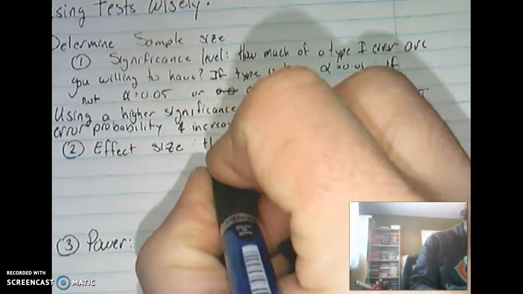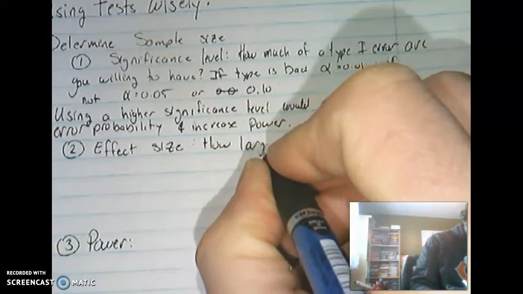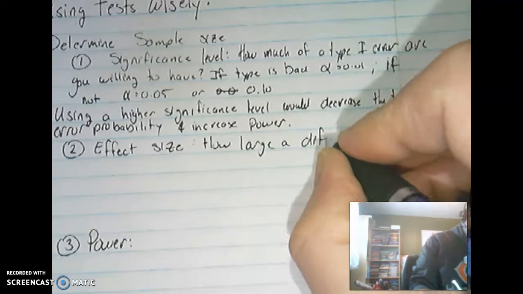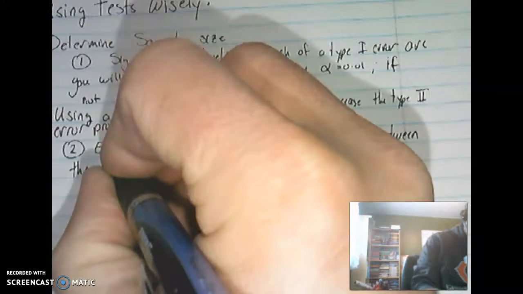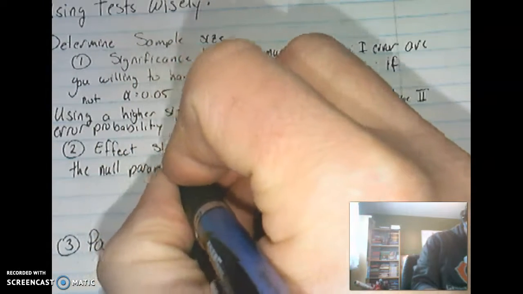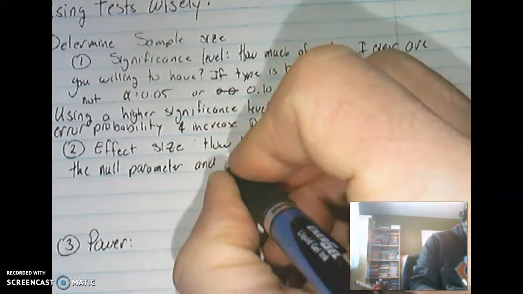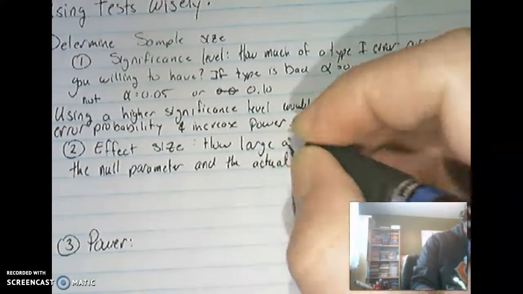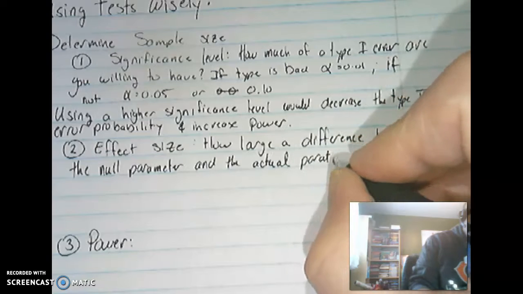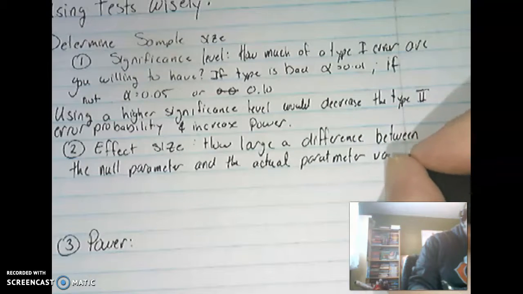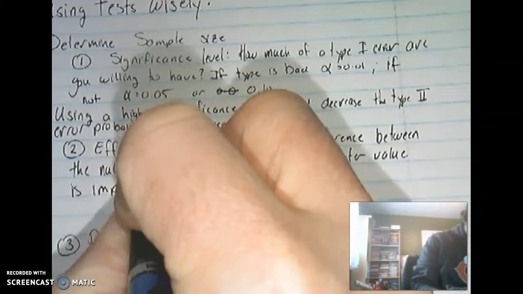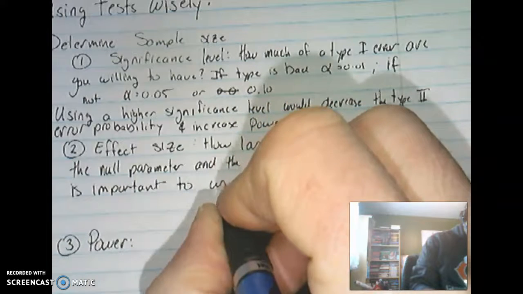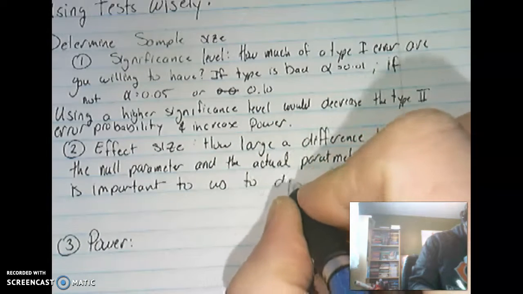So how large a difference between the null parameter and the actual parameter value is important to us to detect.